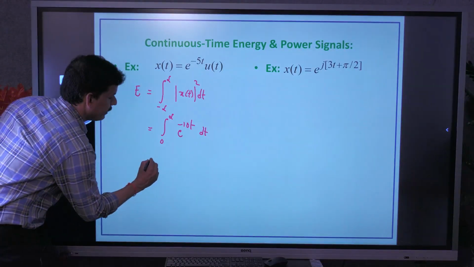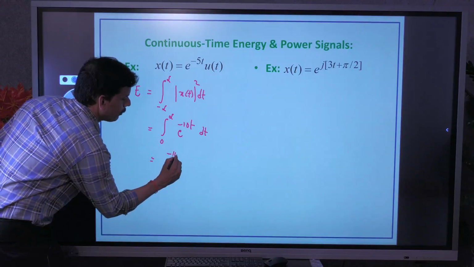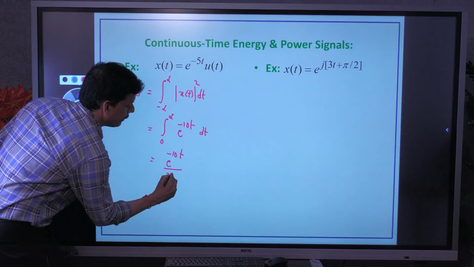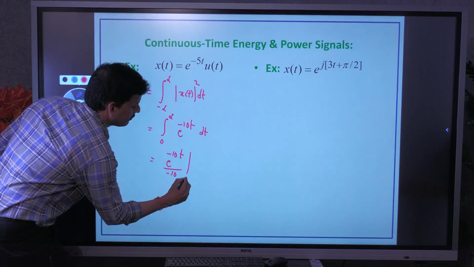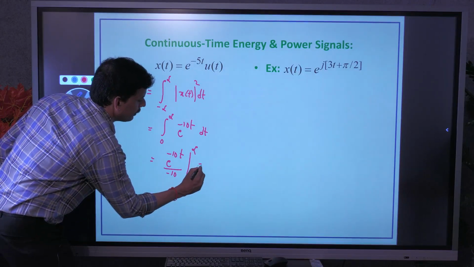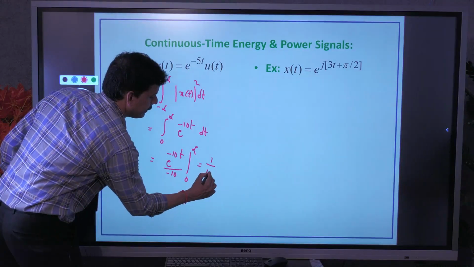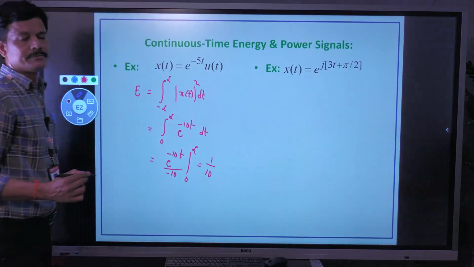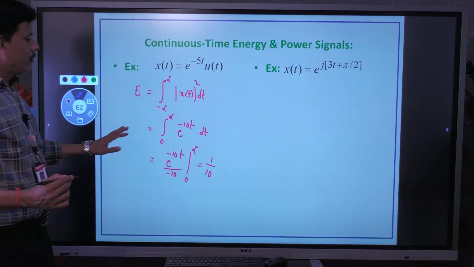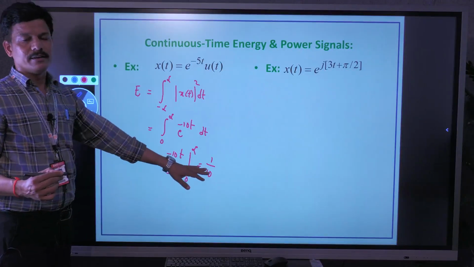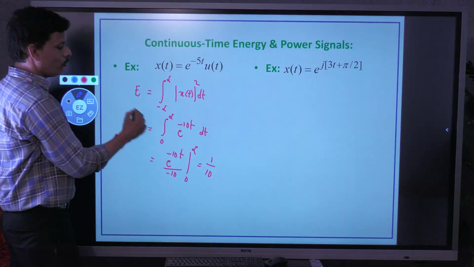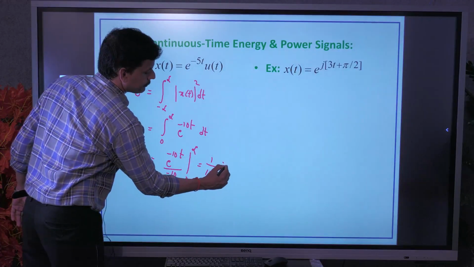Now if you find the integration, it is e power minus 10t divided by minus 10. Apply the limits 0 to infinity, it will give 1 by 10. This is the energy, so 1 by 10 joules.